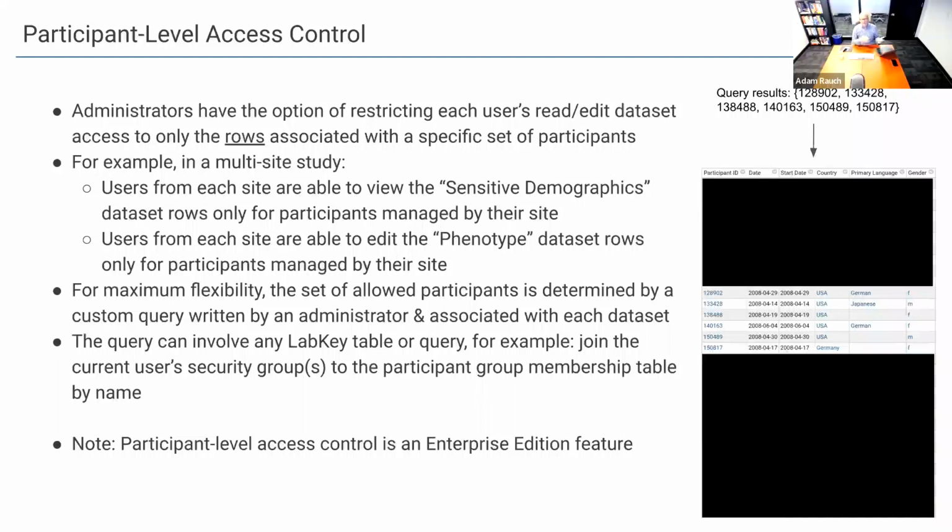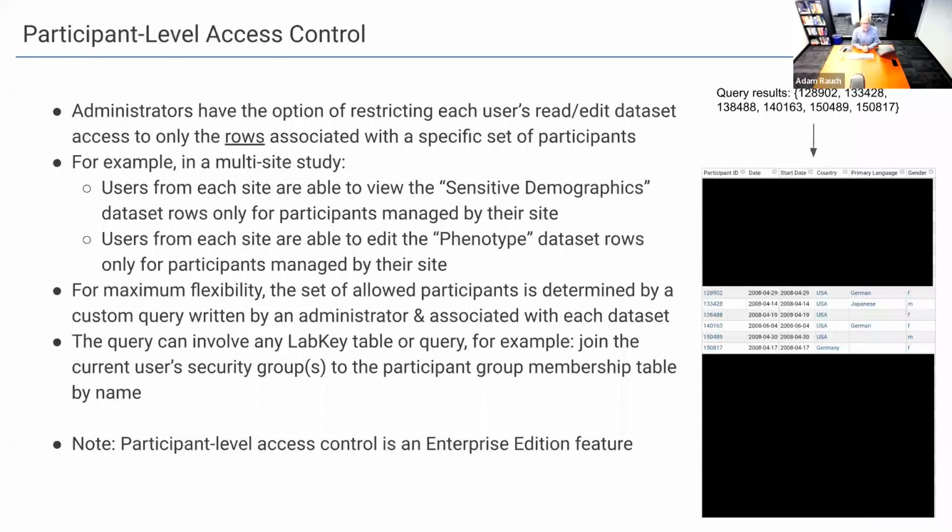And then, as you can see on the right-hand side, just as a simple example here, if I go to this study and the specified query associated with the data set returns, say, these 6 particular participant IDs, those are the only ones I'm allowed to see. This data set that would normally have hundreds of rows, I only see 6 rows because those are the only participants that I'm allowed to see, and none of the other rows will appear for me.